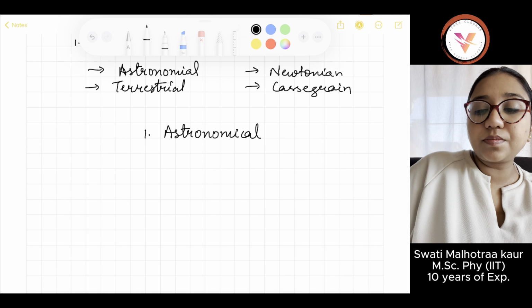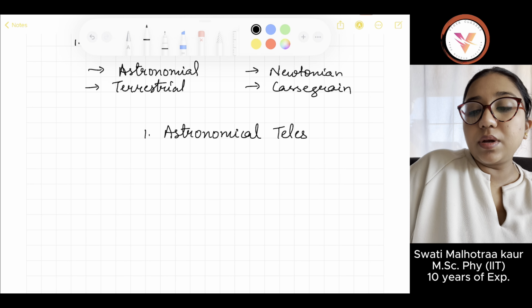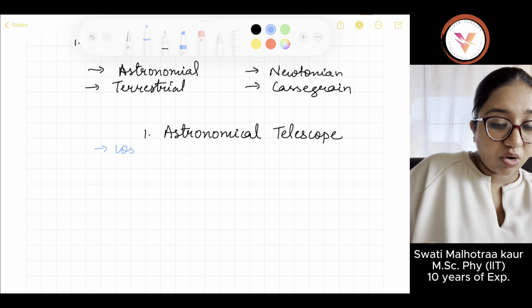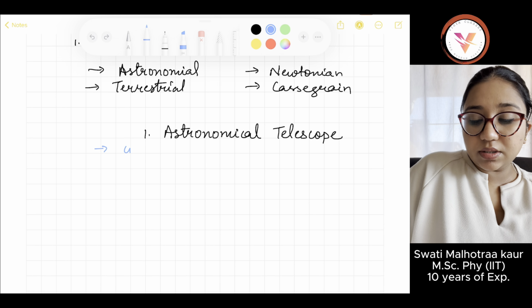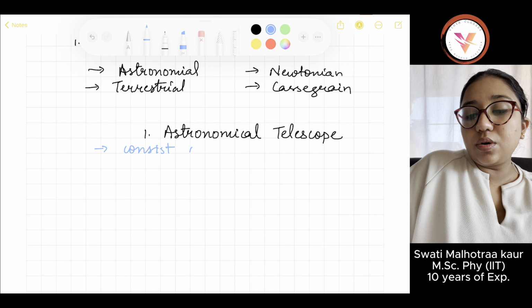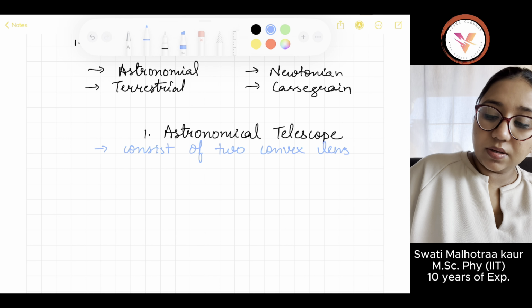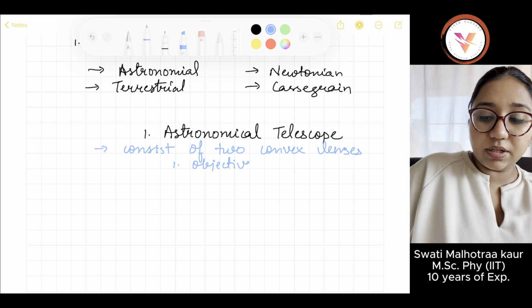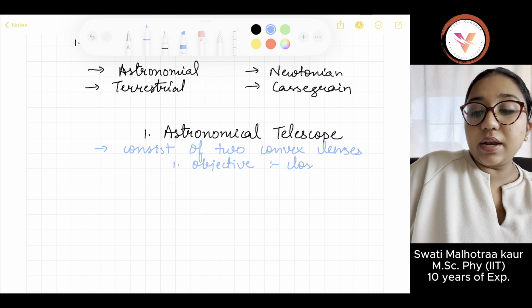Okay. So in our course, we have the astronomical telescope. The astronomical telescope again consists of two convex lenses, objective, close to object, and eyepiece close to eye.